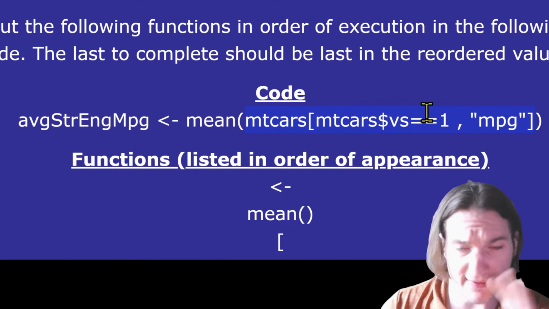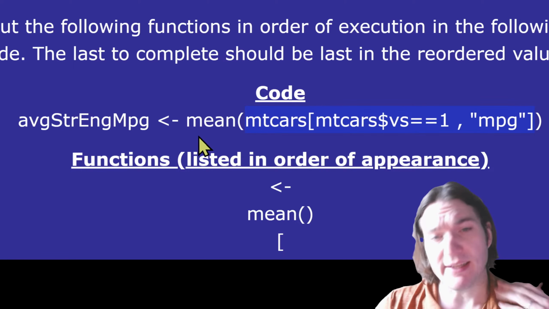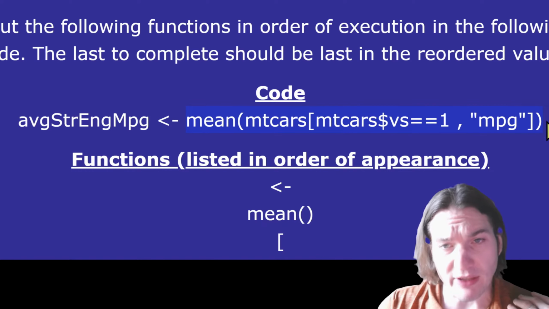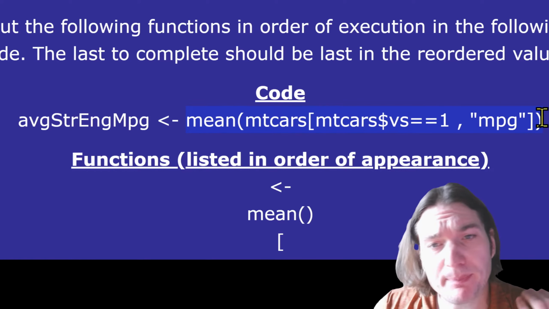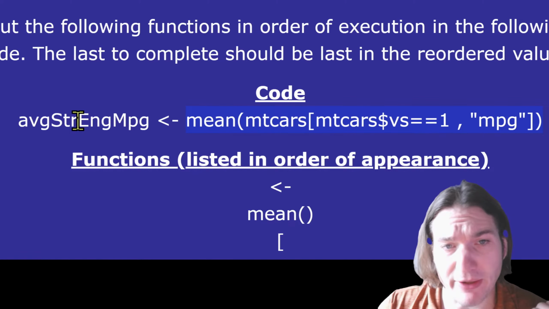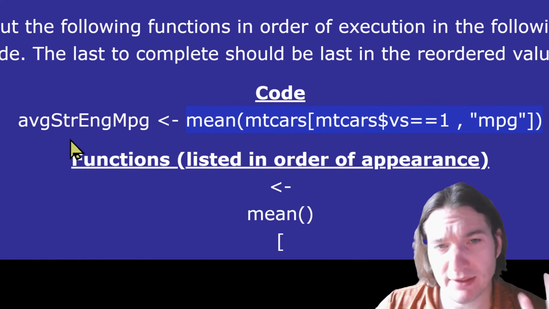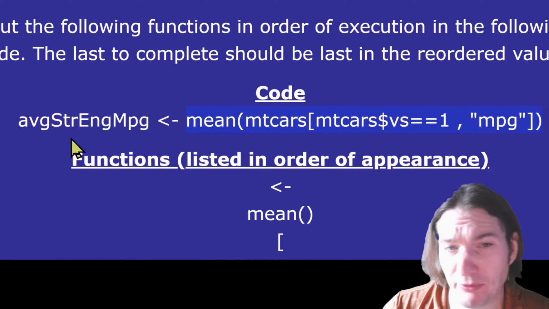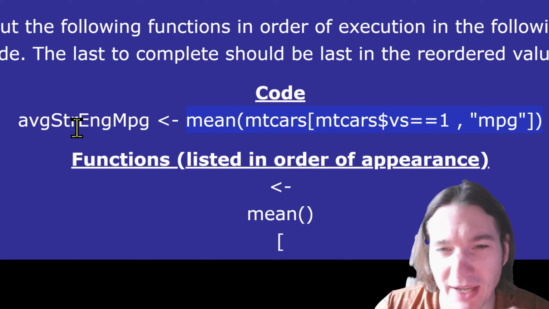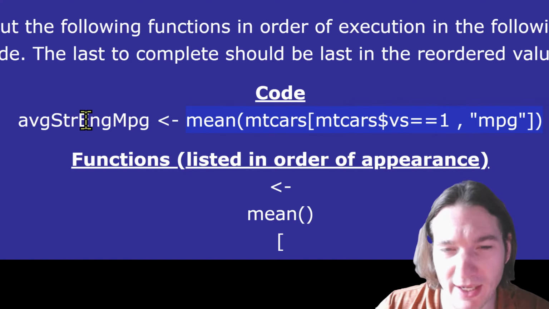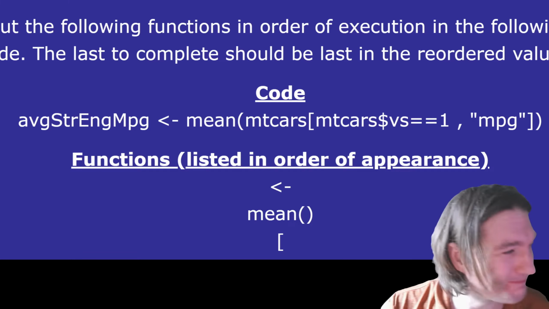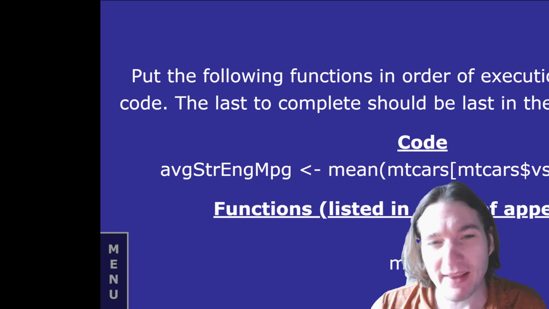This vector that results from the code I've currently highlighted is then analyzed using the mean function. The resulting length 1 numeric vector resulting from the mean function is then assigned to average straight engine miles per gallon. That's what vs stands for, is the shape of the engine. I didn't know that. I had to look that up. But that's how that would work out.